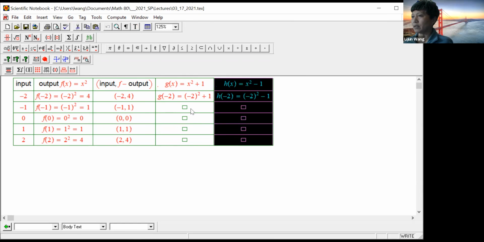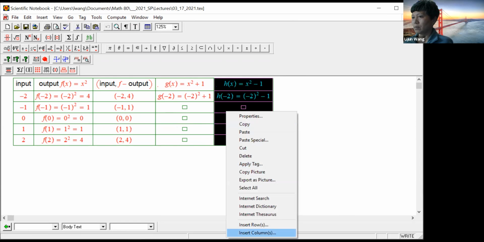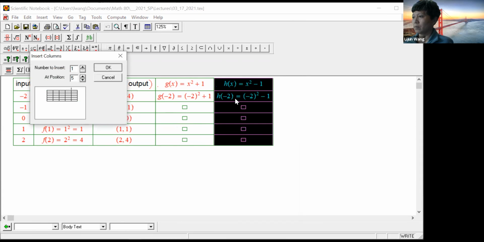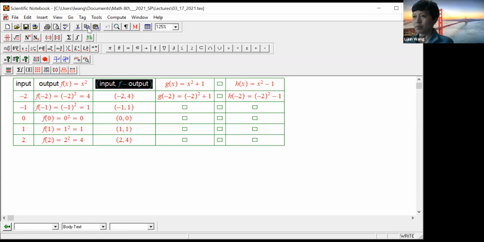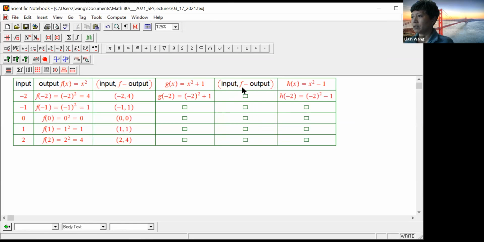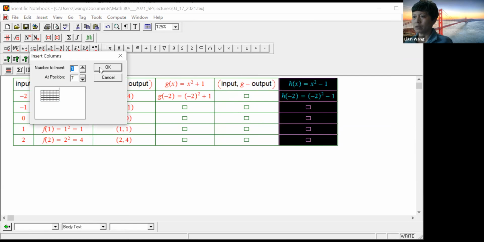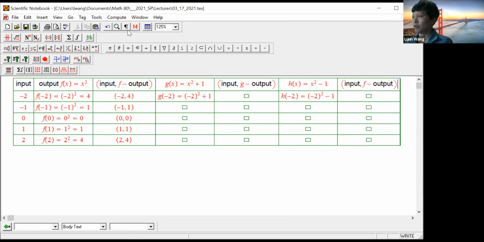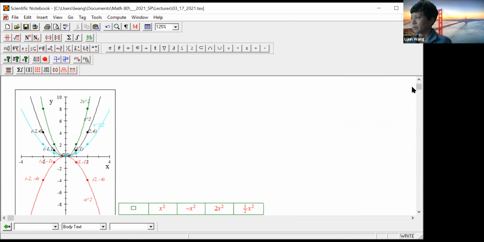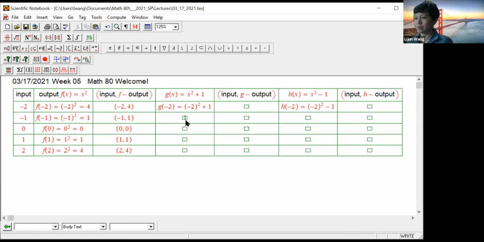And then you're going to make those points, of course. You're going to have input, output points, but this time it's going to be G point, G output. And of course, you know what to expect. And the other one would be for the H output. You guys know what to do? Let's do it.